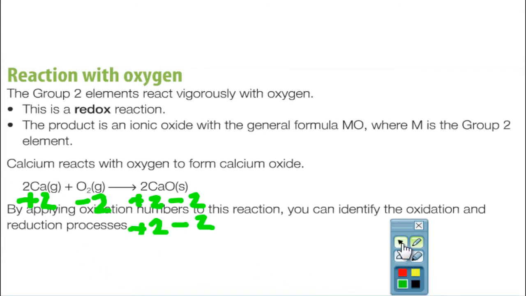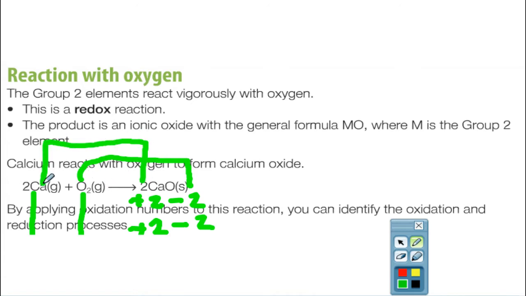But elements on their own are always 0, so well done if you spotted my careless mistake. Elements are always 0, but they have both reduced and oxidized. This is why it's called a redox reaction. So calcium has lost electrons and oxygen has gained them.